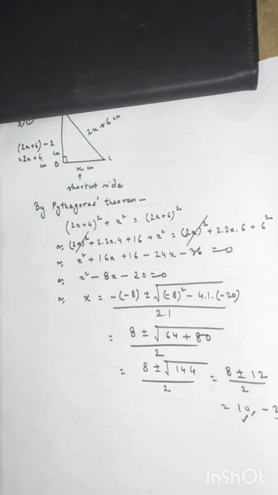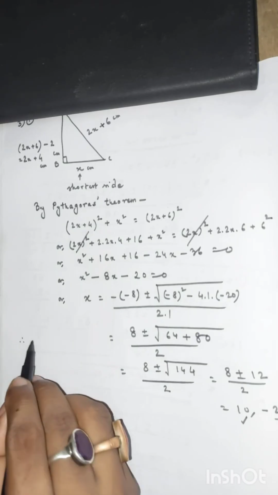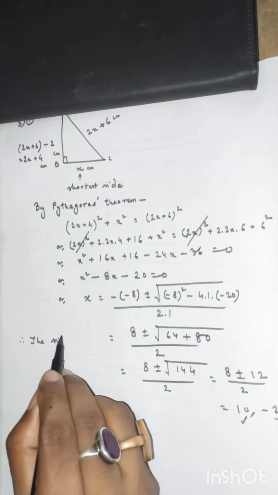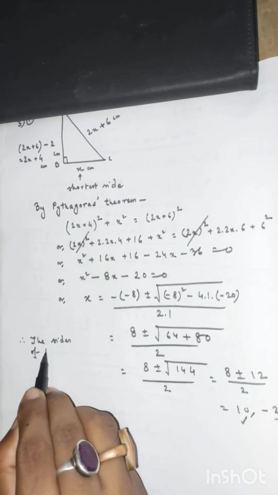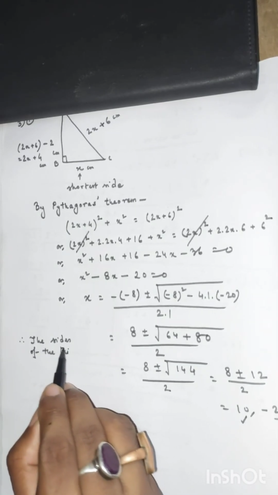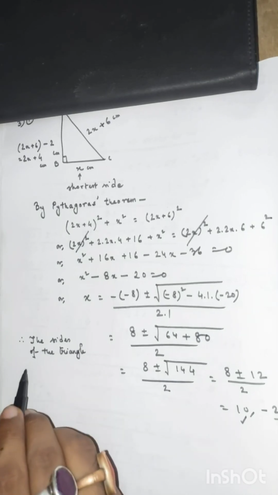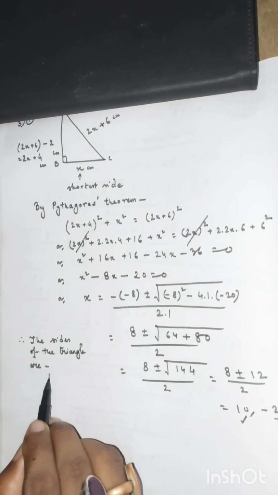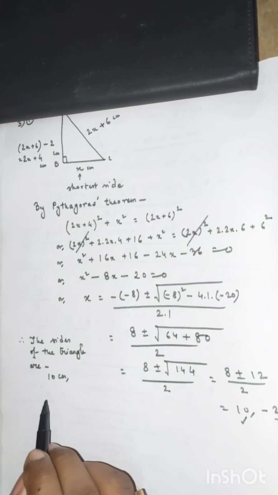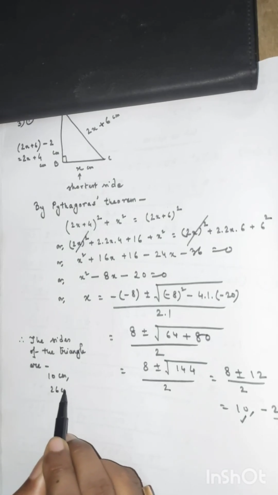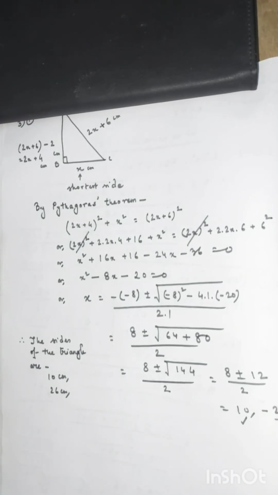Therefore the sides of the triangle are 10 centimeter, 26 centimeter and 24 centimeter.